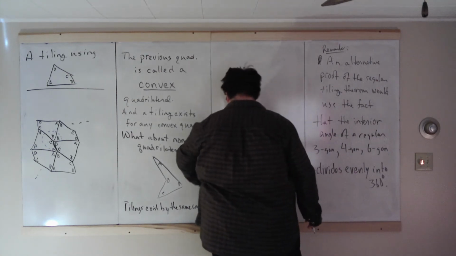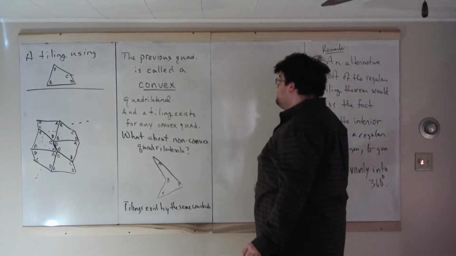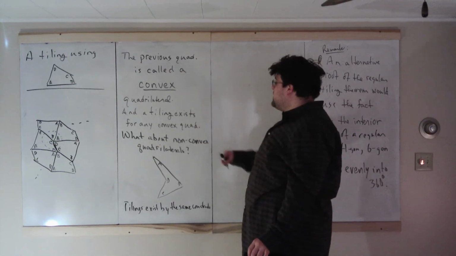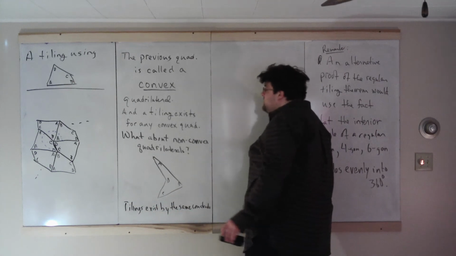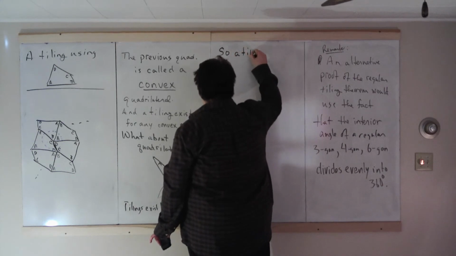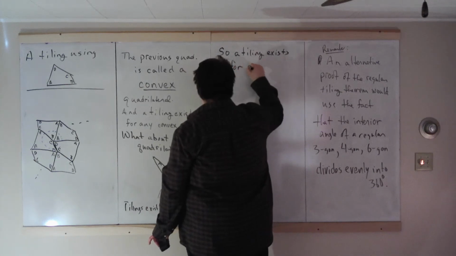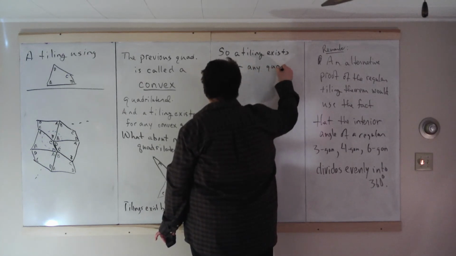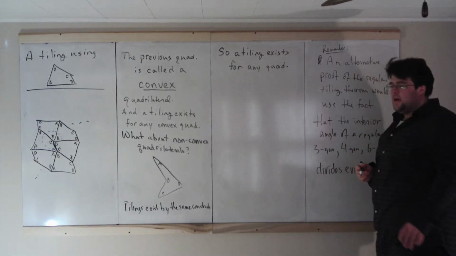It tells us a tiling exists for any convex quadrilateral, a tiling exists for any non-convex quadrilaterals. So a tiling exists for any quadrilateral. Any four-sided figure, tilings exist.